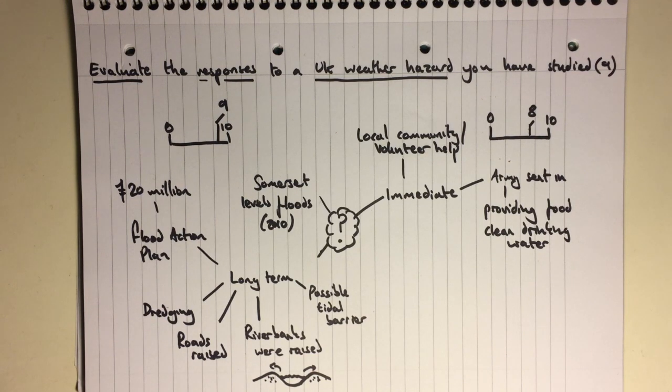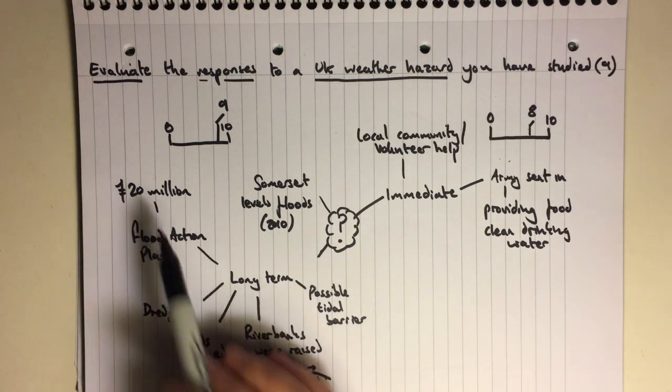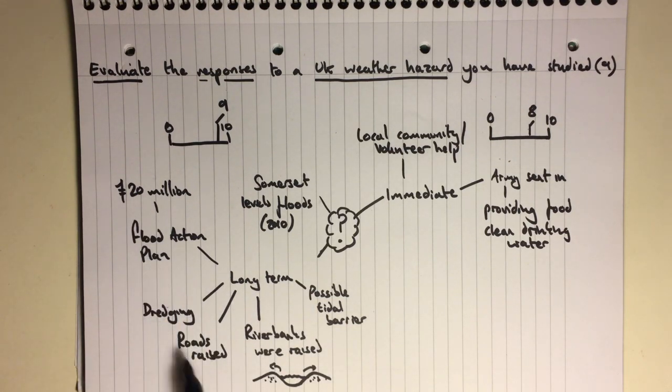We had limited lives lost. We had limited effects on the economy on a large scale. We also had some really important long-term responses as well, which will make a big impact on that environment. But I think they're very close in terms of long-term or immediate responses. However, I think they were ultimately quite effective.